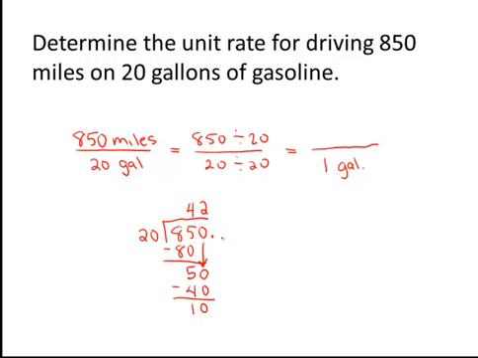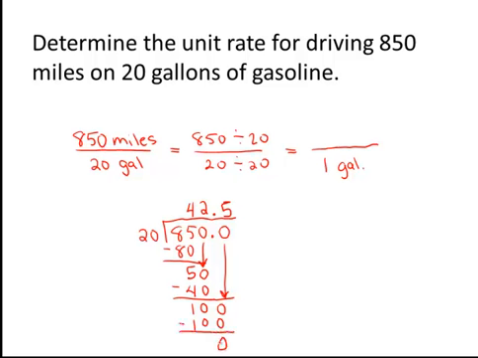If we add a decimal point and a 0, we'll bring the decimal point above, and bring the 0 below. Then we can say how many 20s go into 100. 5. 20 times 5 is 100, with a remainder of 0.